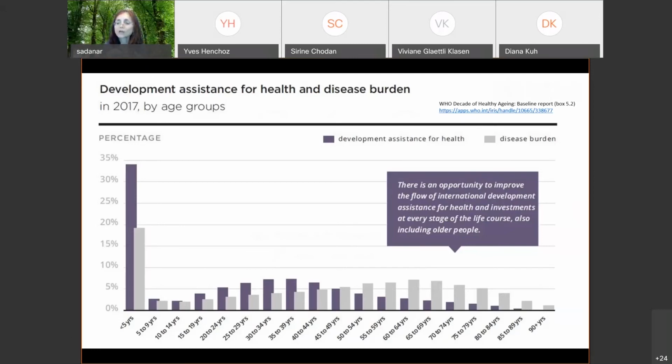It's overseas development assistance, but targeted in health by different age groups. Excuse me. And we compared it with disease burden. So this is DALYs in the gray bars. And it's not surprising that we see a much higher amount of development assistance in the first half of life, particularly for children under 5, and that we know that the disease burden increases currently with older age groups.